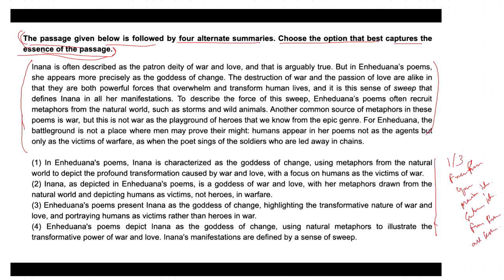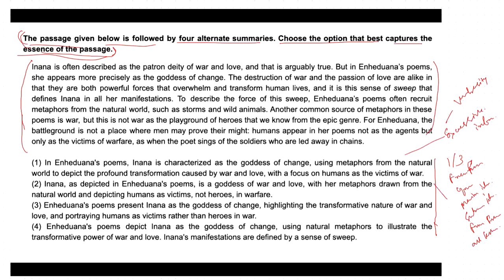Now, when you look at the options, we need to see that any option which gives excessive information out of the 4 can be known as verbosity in this context. Verbosity means excessive ideas are given which are not needed, so it will be eliminated as an irrelevant option.